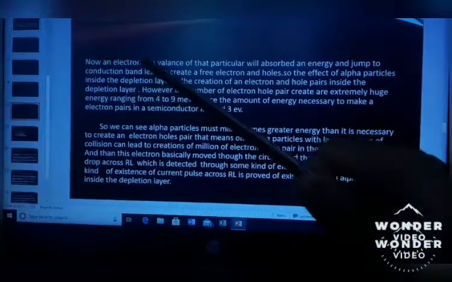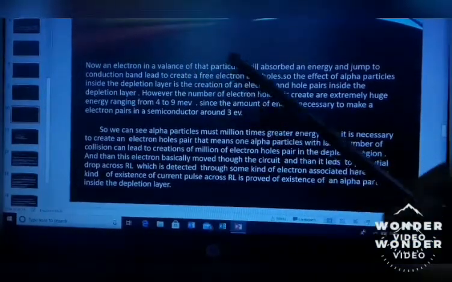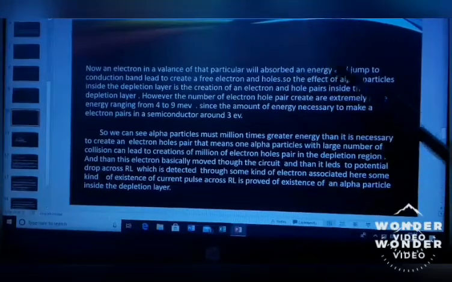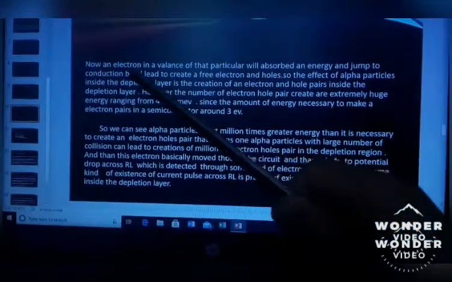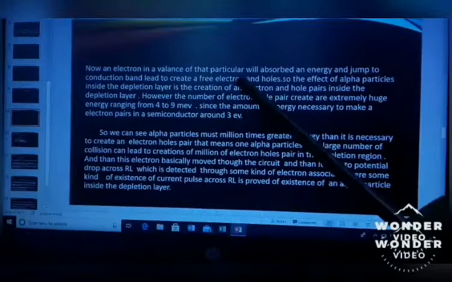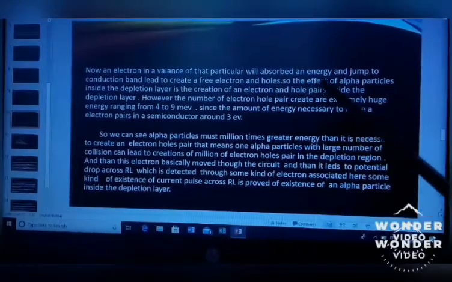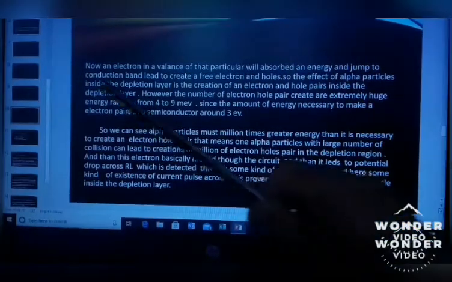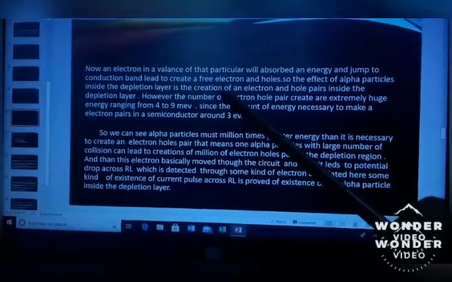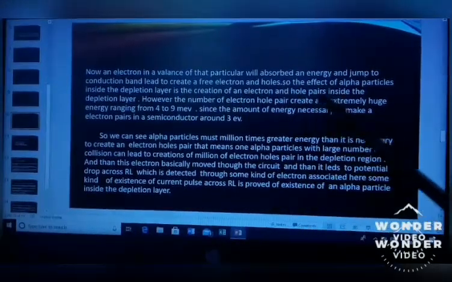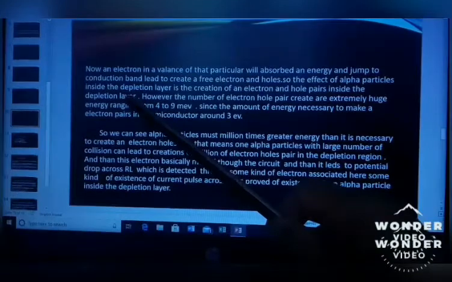Now an electron in the valence band will absorb energy and jump to the conduction band, leading to a free electron and hole. So the effect of alpha particles inside the depletion layer is the creation of electron-hole pairs.